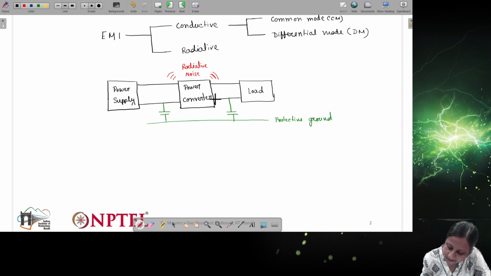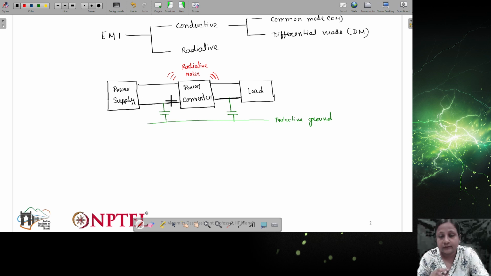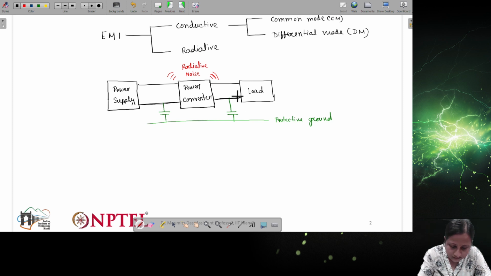This one is the circuit ground. The circuit ground and the protective ground are different. Between the circuit ground and the protective ground there will be parasitic capacitance, which will cause EMI to be present in the converter.